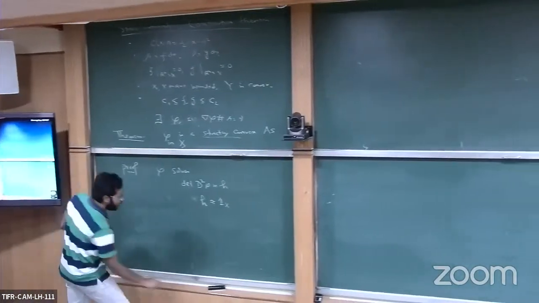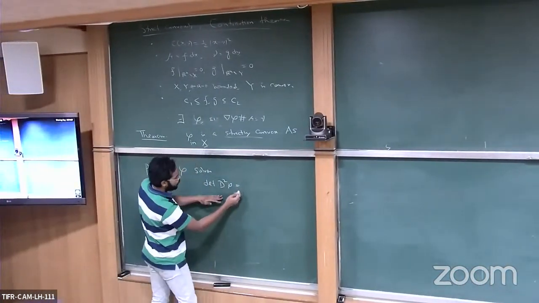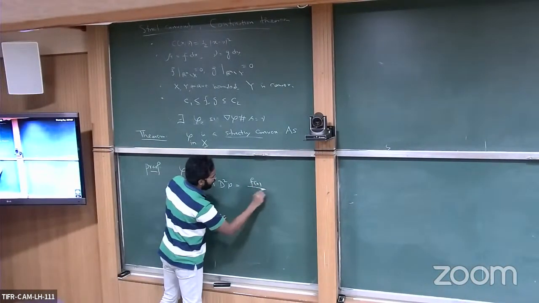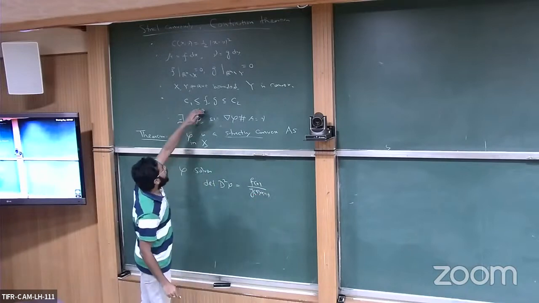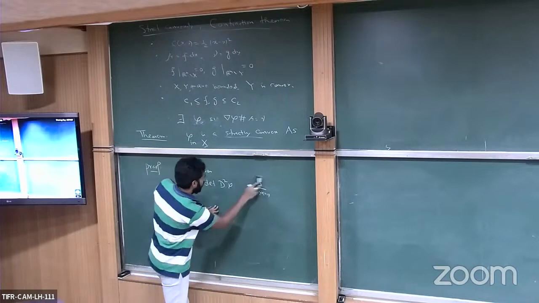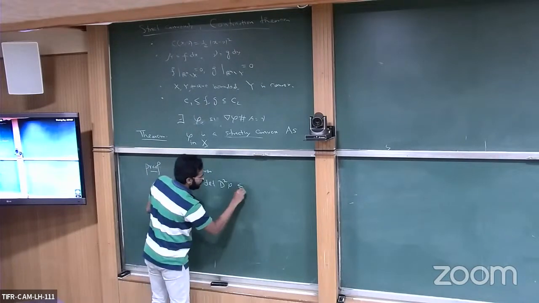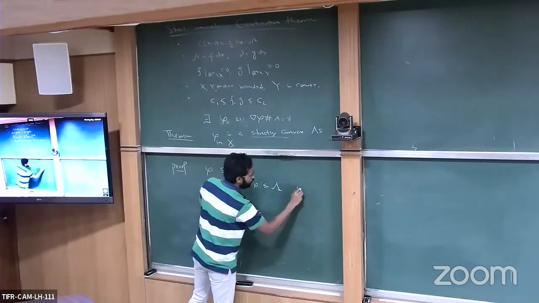Can I write it more clearly? So let me write very clearly. Inside X, this is f(x) over g of gradient phi(x), and f and g are comparable. So this is comparable to a constant. Let me write it this way: it equals a small lambda inside X.